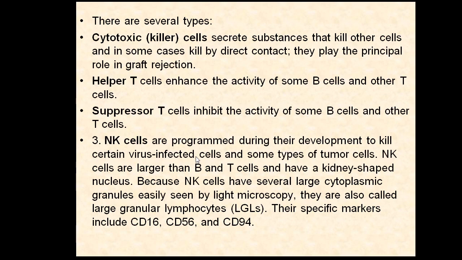In this slide, you can see that, for example, natural killer cells have CD16, CD56, and CD94 protein molecules. These are markers of this class of lymphocytes. Usually, B lymphocytes have CD90.